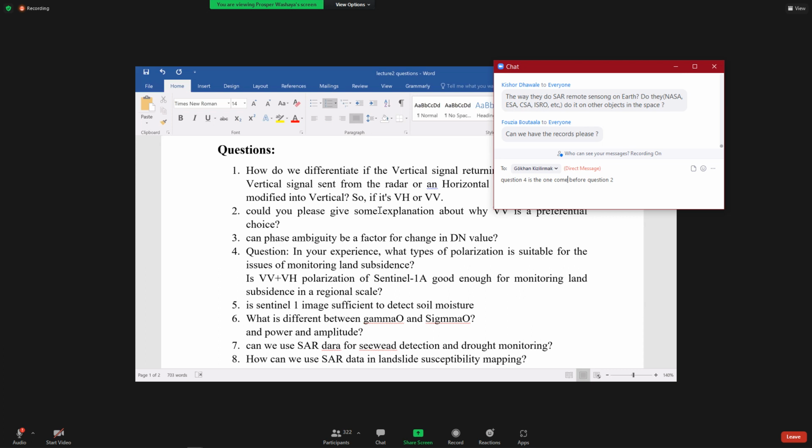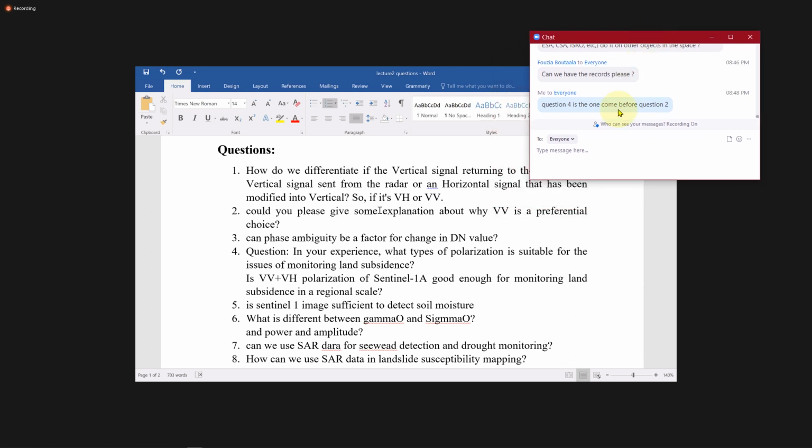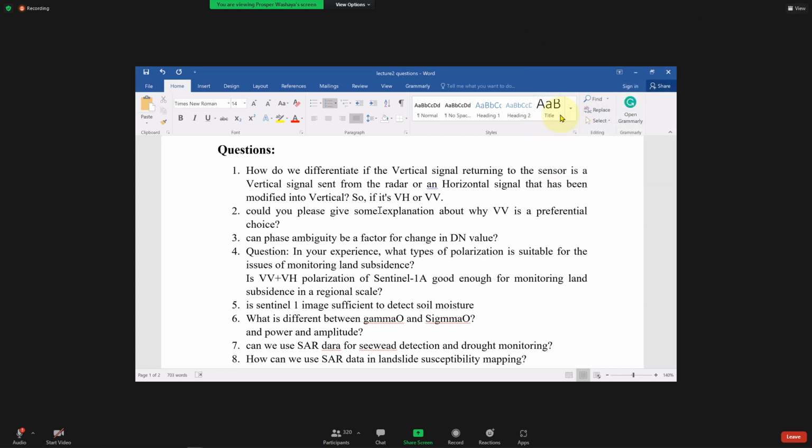Actually, we know that, because we are transmitting the signal. We know what we are transmitting because we create our own signal, so we know if we transmit vertically or horizontally. Similarly, we know what we receive because we also have a filter in front, and we only receive horizontal or vertical.